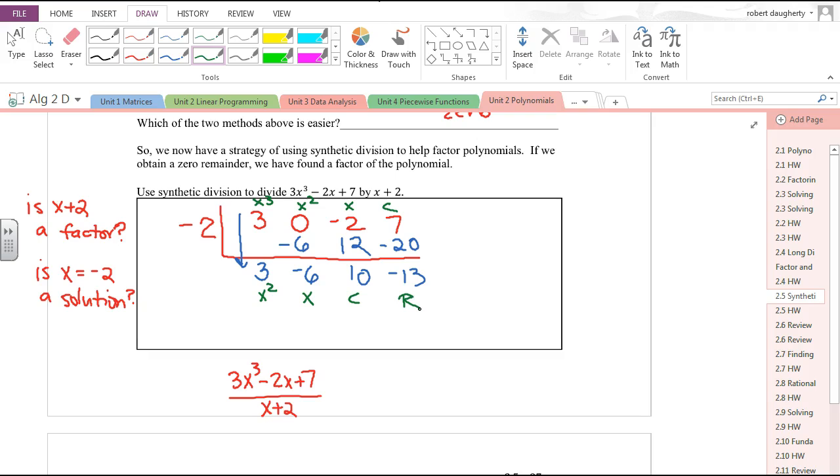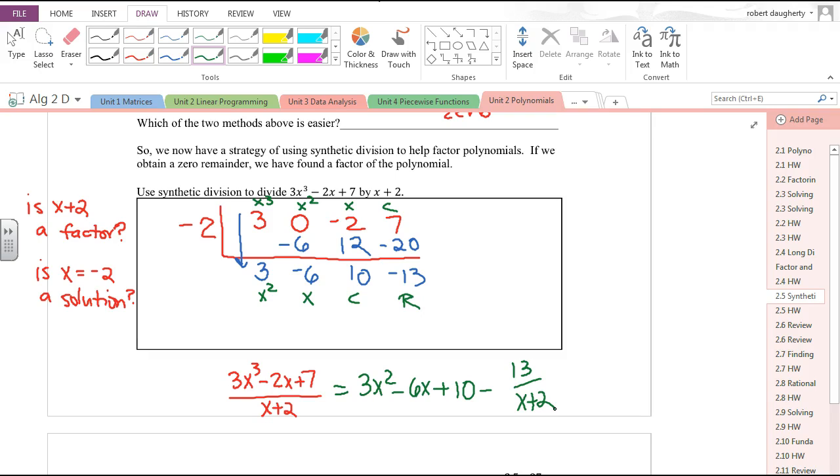So what is the answer to this division? 3x squared minus 6x plus 10 minus 13 over x plus 2. So is x plus 2 a factor of that original?